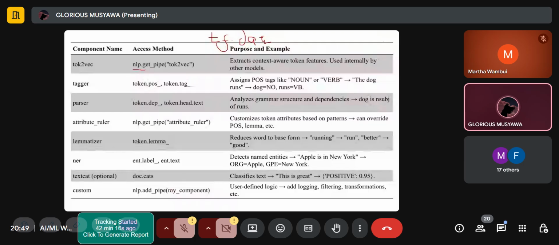I want us to communicate. So are we together? I want to assume we are all together. Somebody has to unmute and tell me we're okay so that I proceed.